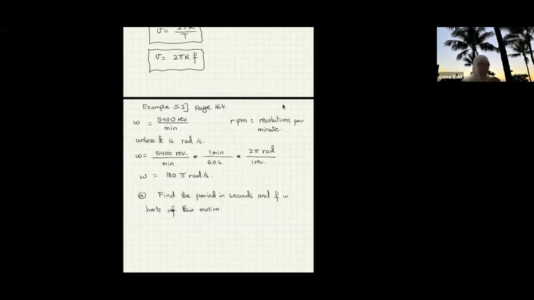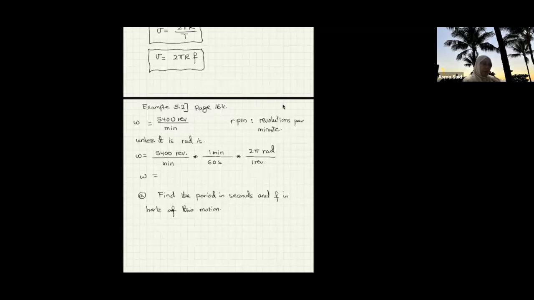Follow what I am writing. Forget about what you're going to find in the textbook. I think I need to repeat that calculation here. I will say this is the speed, it's not the frequency. Then follow what I have here.